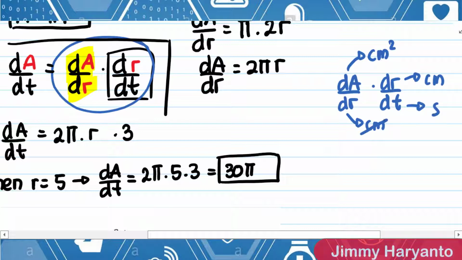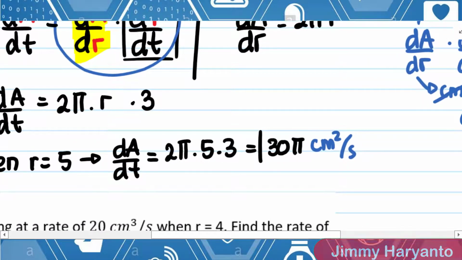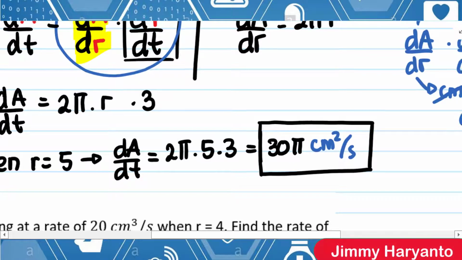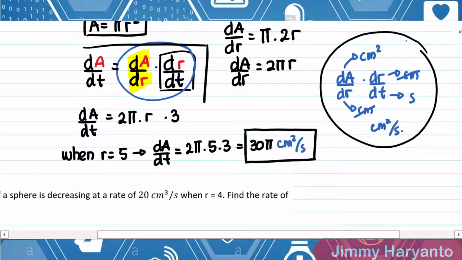If we cross out the centimeters, you will get centimeters squared over second. Usually, we know that this is area over t. But for some questions, they don't tell you whether it is volume or area, just an ordinary function. So we have to find the units using this method.